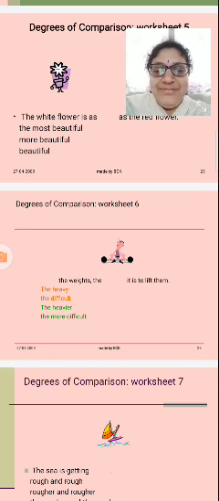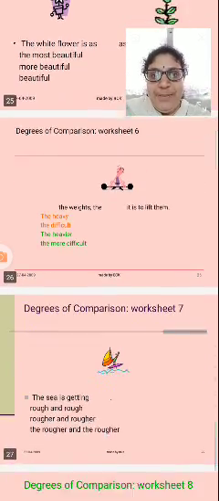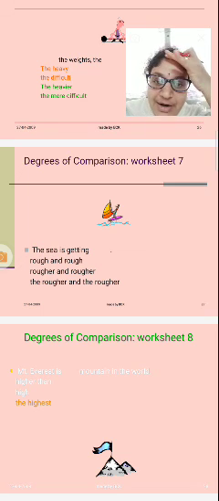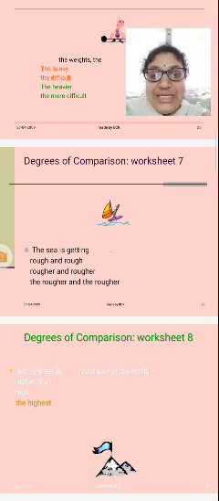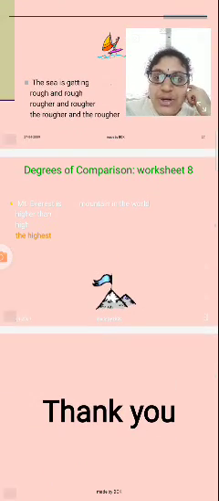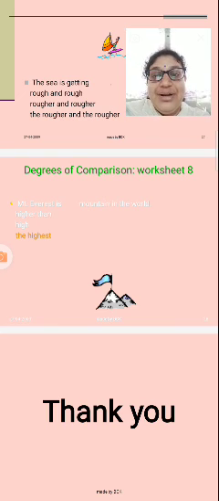The heavier the weights, the more difficult it is to lift them, right? And the seventh one: the sea is getting rough and rough, or rough and rougher, or the rougher and the rougher. The sea is getting rougher and rougher. Next one: Mount Everest is dash mountain in the world. Highest, right? Mount Everest is the highest mountain in the world, right?